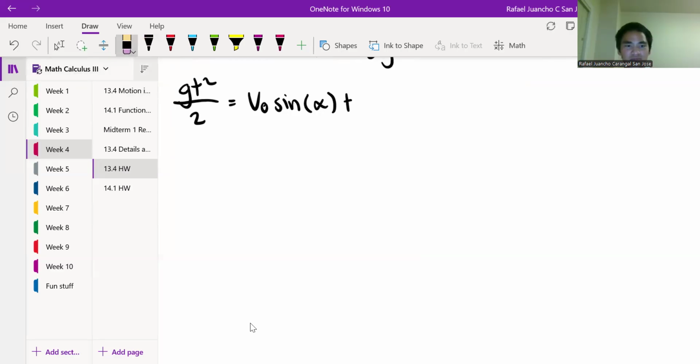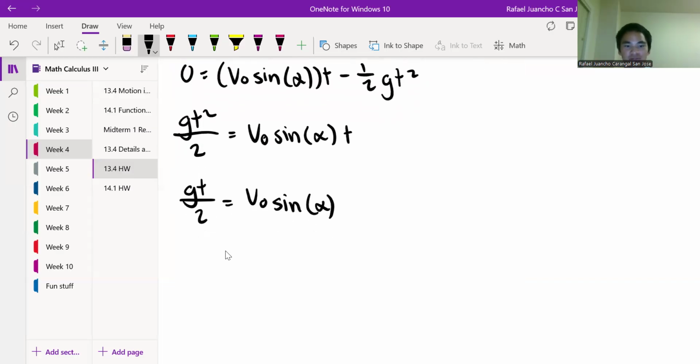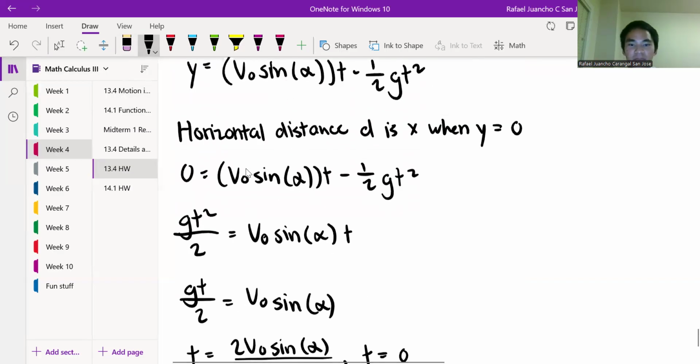I get this, 1/2 gt. And from there, I can just multiply 2 over g. So t is actually just 2 of this divided by g, or t is equal to 0. So I could do it either way. Okay, so I did solve for it before.